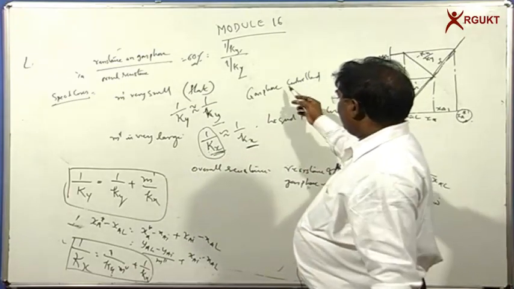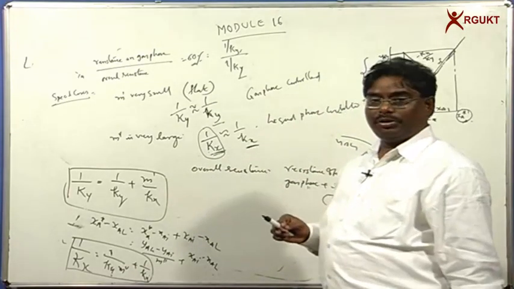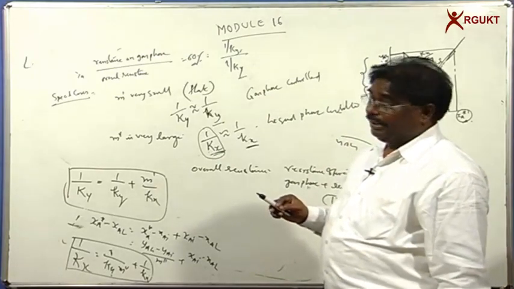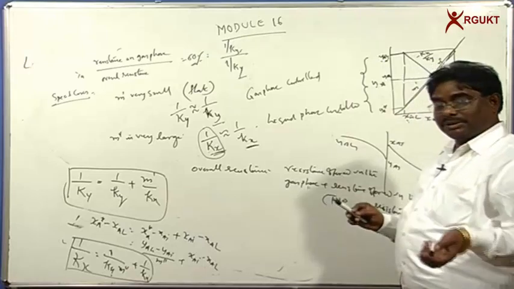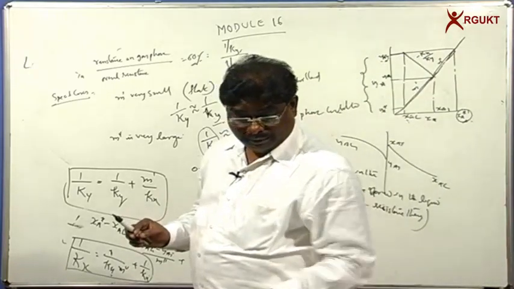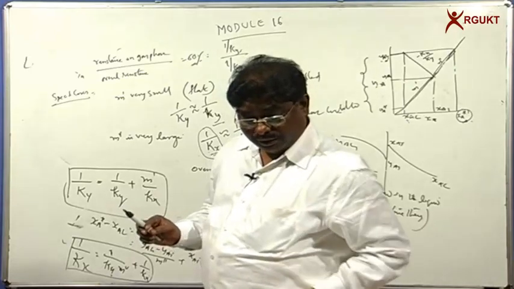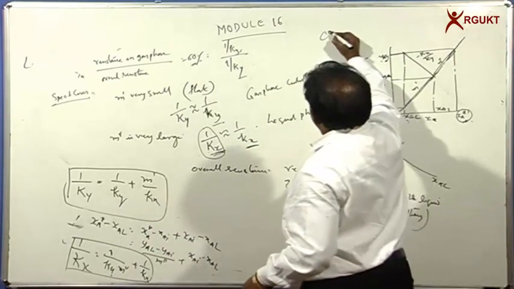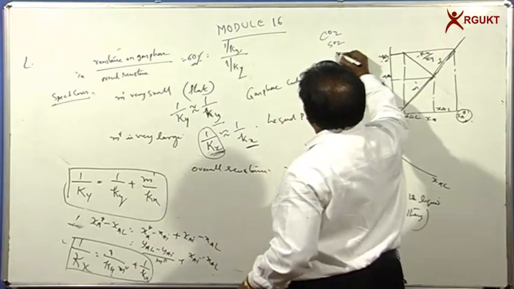So what I want to tell you, there are two special cases that we are going to come across. One we call a gas phase controlled, the other one we call a liquid phase controlled. And we may have systems like HCl, maybe dissolution of CO2, maybe SO2, maybe oxygen.